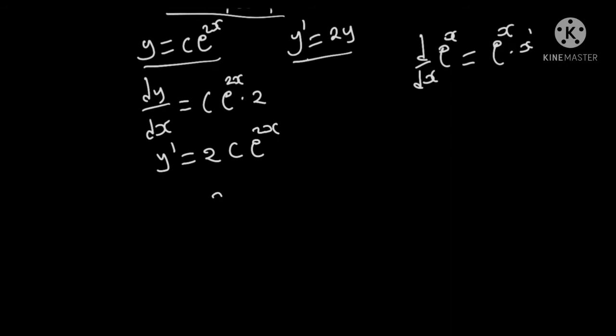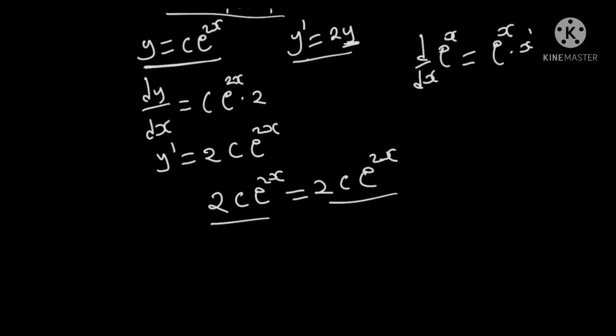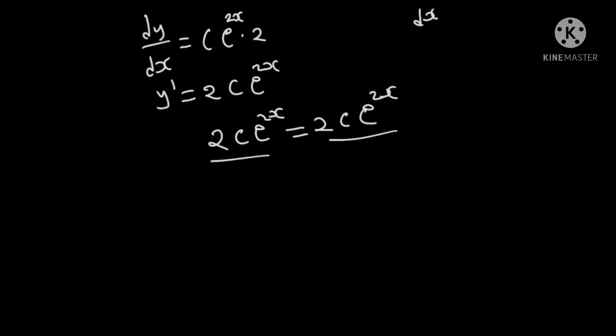So we have 2c e^(2x) equals 2 times y, but y is our original function given by c e^(2x). The left hand side is equal to the right hand side. Therefore, y equals c e^(2x) is indeed a solution to this differential equation.